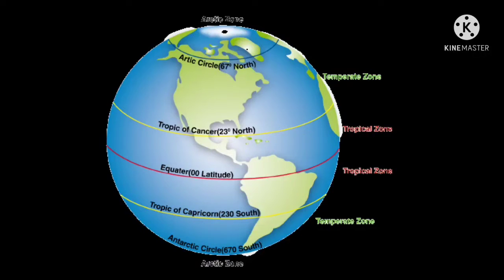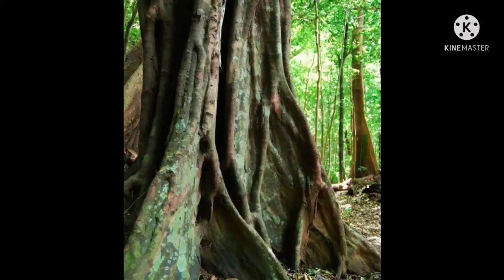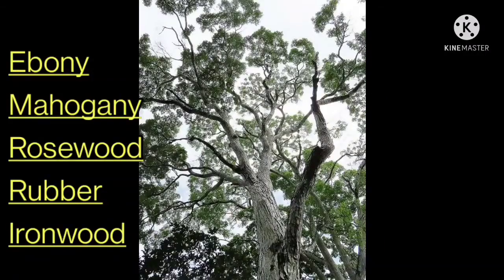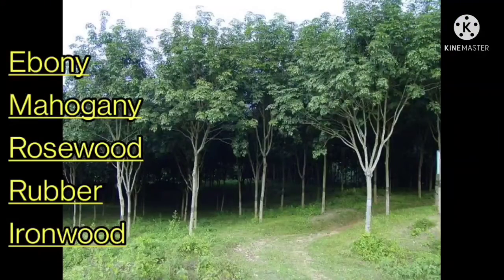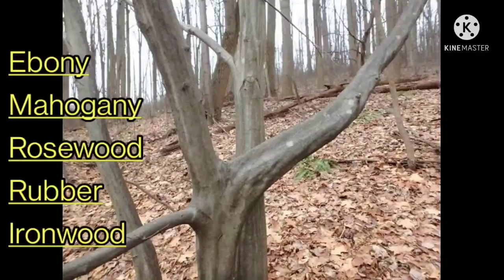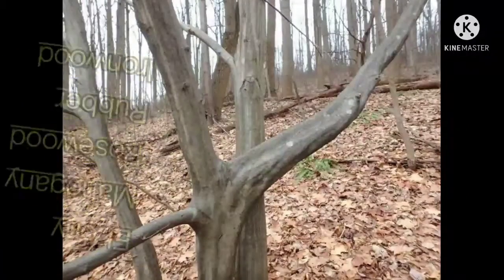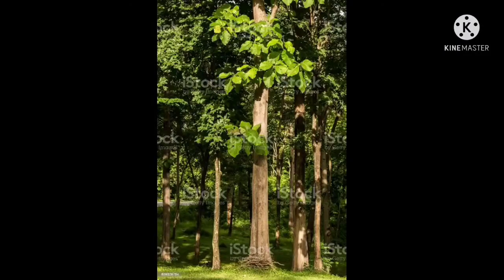The whole year there we can find evergreen trees such as ebony, mahogany, rosewood, rubber, and ironwood. The specialty of the monsoon region is having a distinct dry season.